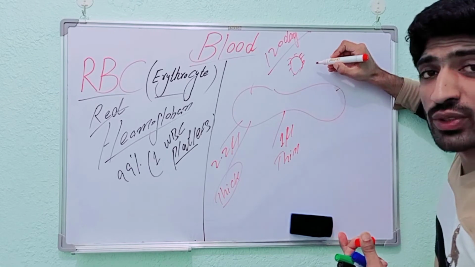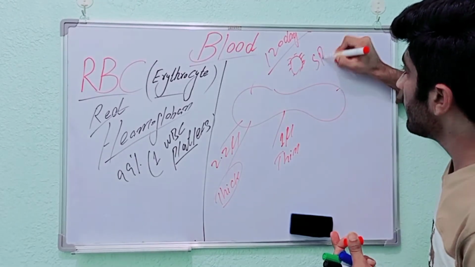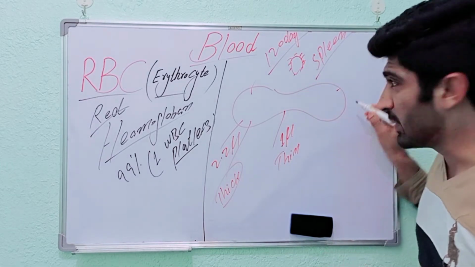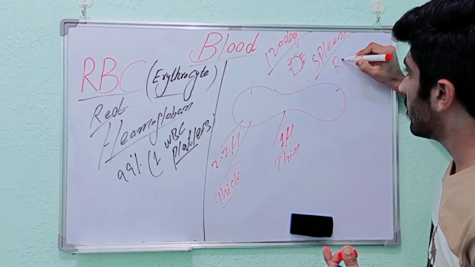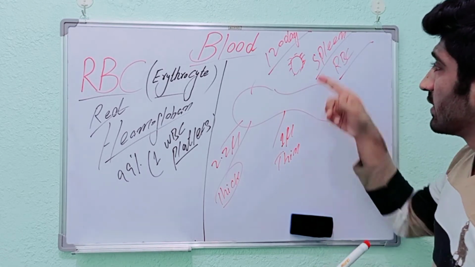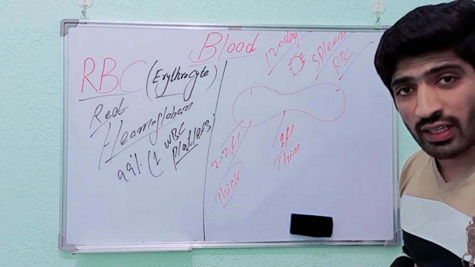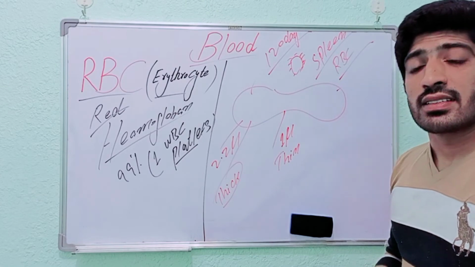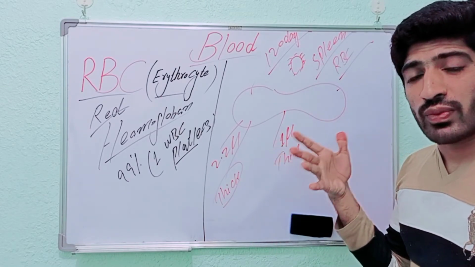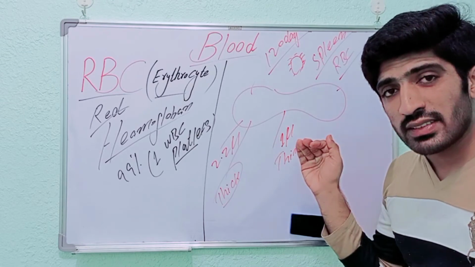So that's why we say that the spleen is the graveyard of RBCs. Graveyard of our RBCs. The spleen is the graveyard of RBCs because the diameter of the splenic capillary is very small, so when they try to squeeze through these capillaries, they are destroyed.